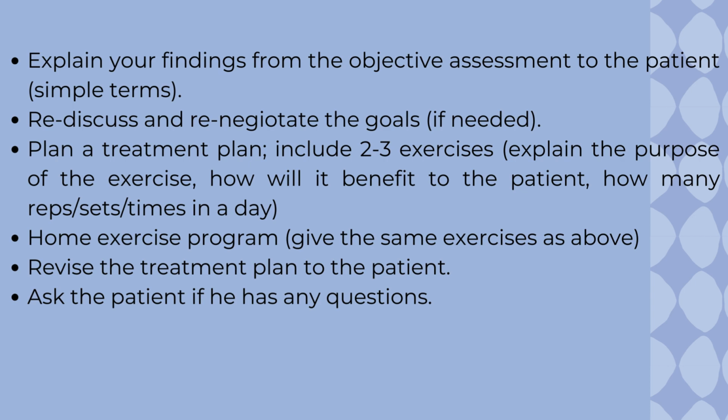Okay, now this exercise was for improving the range of motion of your right knee, as we had decided for our goals for today. The second exercise that I'm going to teach you will help to improve the strength of your quadriceps muscle, that is the front of your thigh, which I noticed was a bit weaker as compared to your left side.